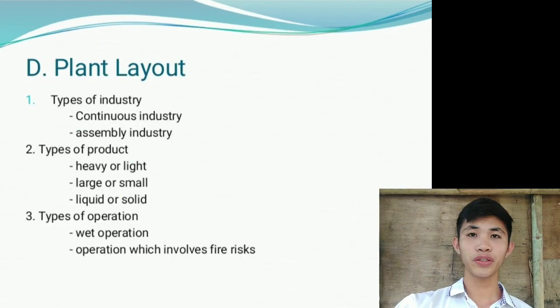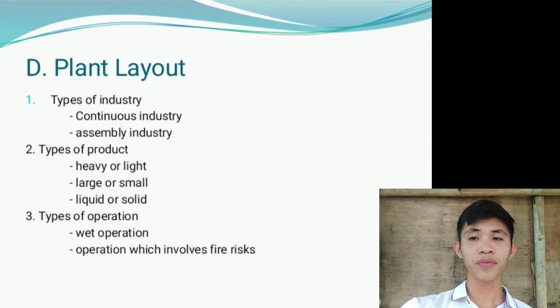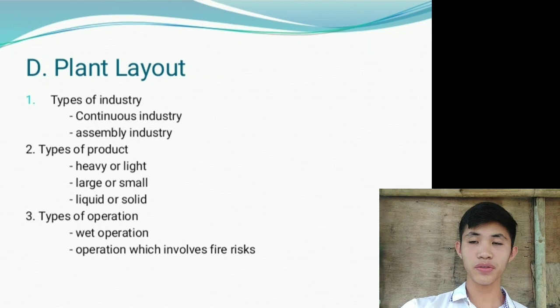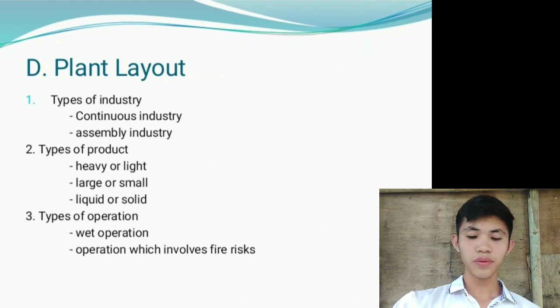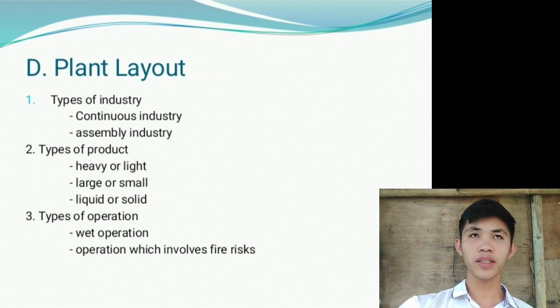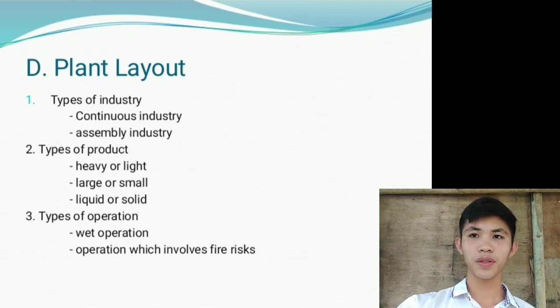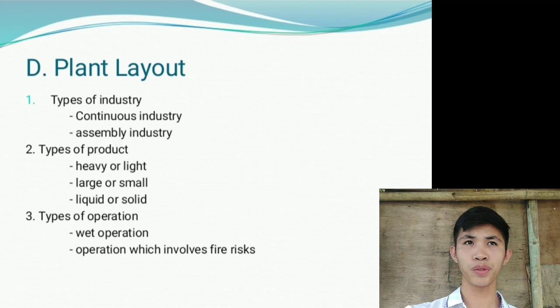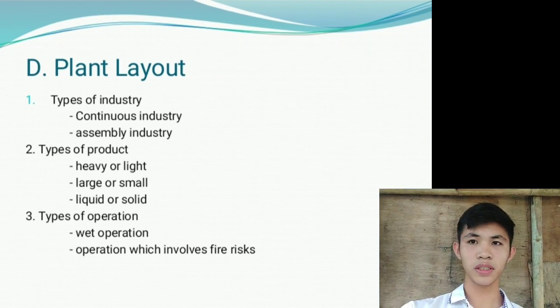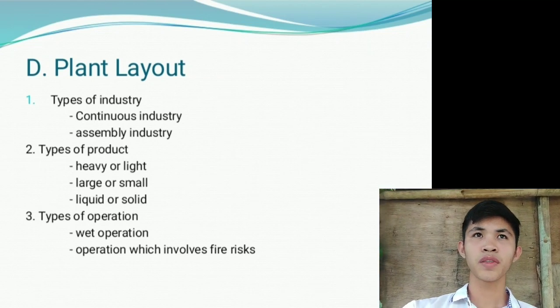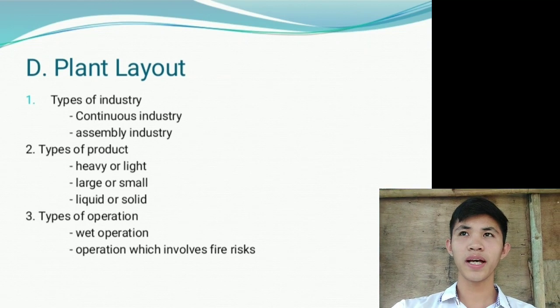The next slide is letter D, the plant layout. So number one is the types of industry. When we say continuous industry, this is where the products are received at one point and are done there. For example, you just receive it already prepared.